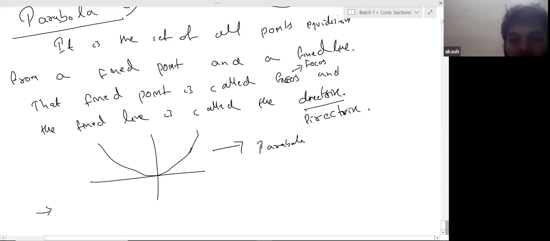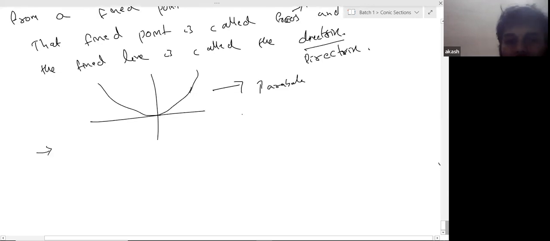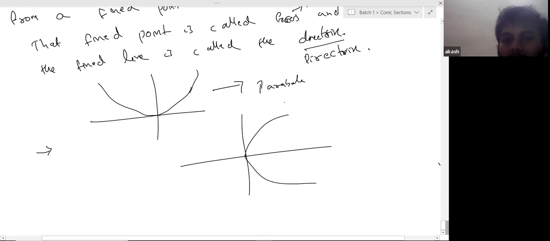Generally, in 11th, we're going to learn about the simple parabolas, 4 types. There is a fixed line, this is the directrix, and the focus is somewhere here.